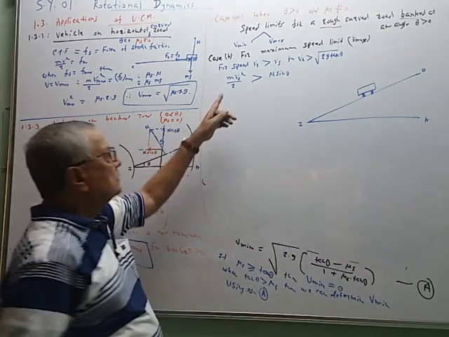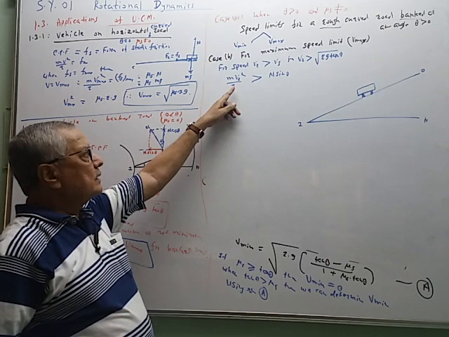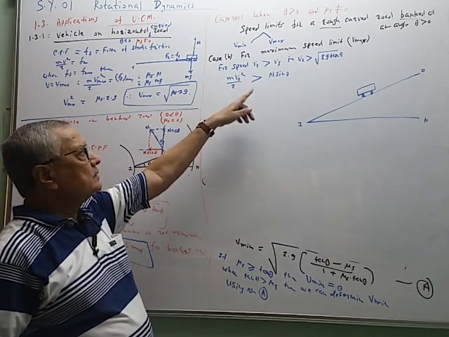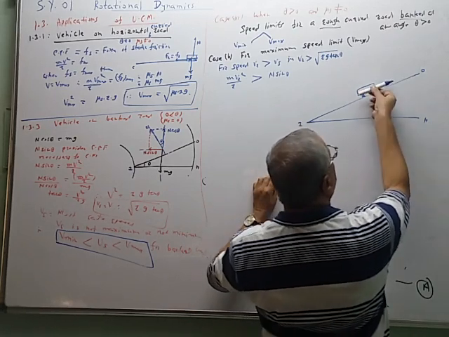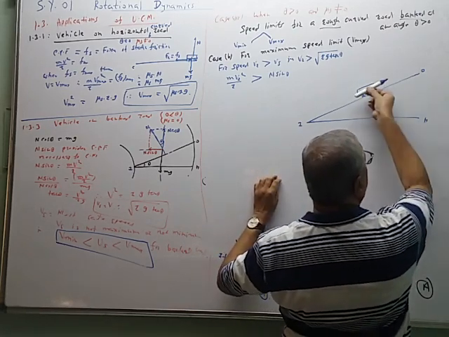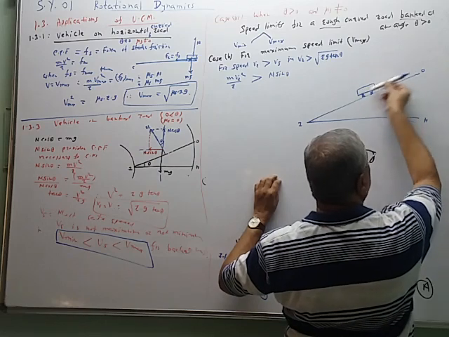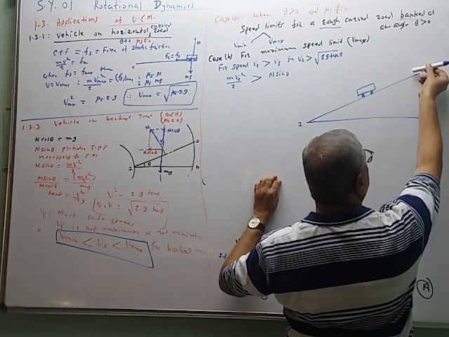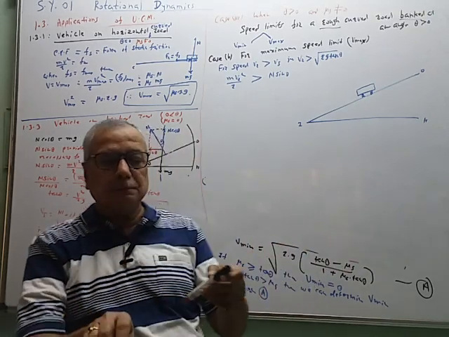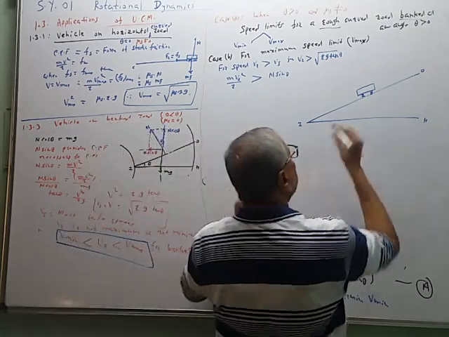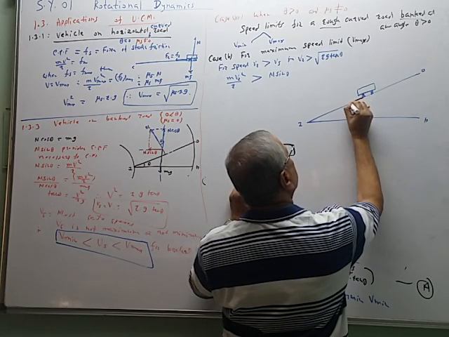And now, in this case, centrifugal force is greater than n sin theta. This is also centrifugal force. So because of larger centrifugal force, the vehicle has a tendency to move in this direction. When the vehicle moves in radially outward direction toward the outer edge, the force of friction will be in the downward direction. So in this case, Fs will be in this direction.